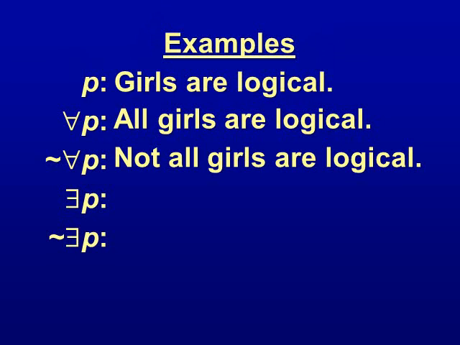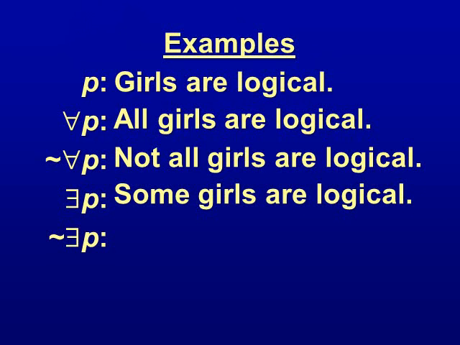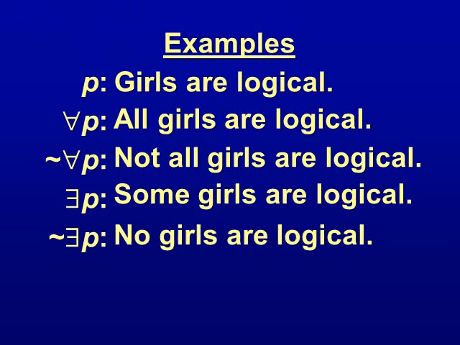Now I have to come up with the existential quantifier for girls are logical, which would be some girls are logical. And now I'm going to negate that statement, which says no girls are logical.